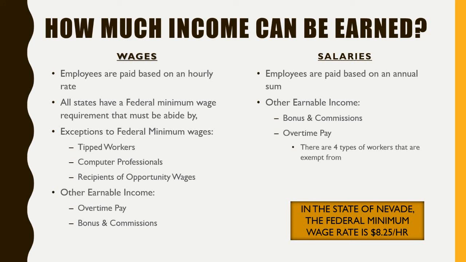For these kinds of workers, it doesn't matter how many hours they contribute to the job. It just matters whether they got the job done or not. They can spend 60 hours, but the minimum is, I believe, 80 hours.